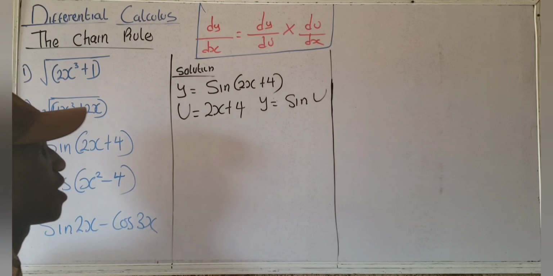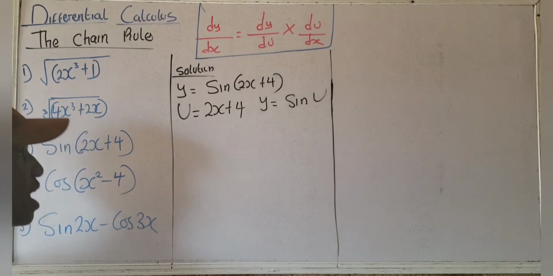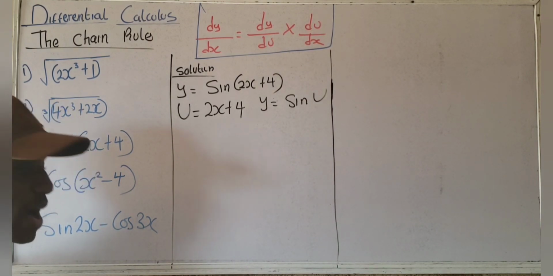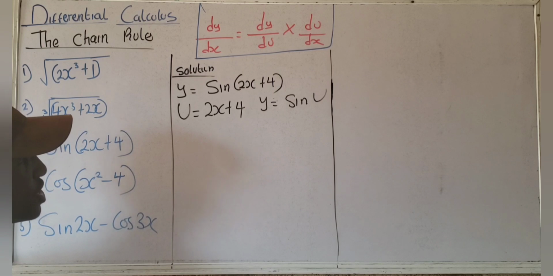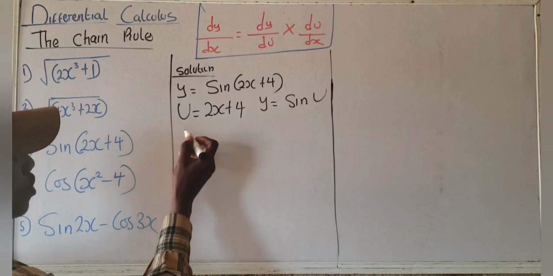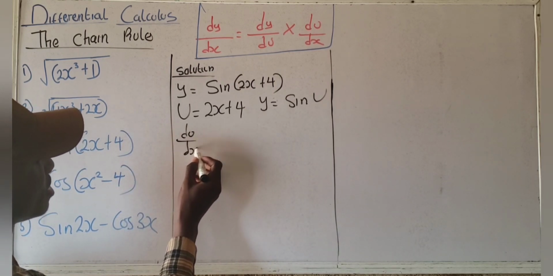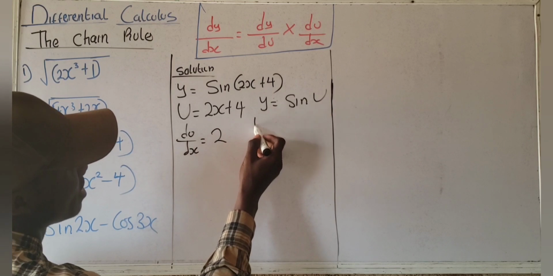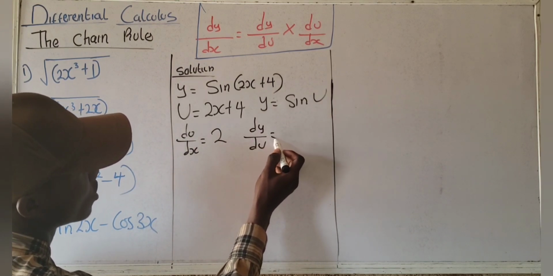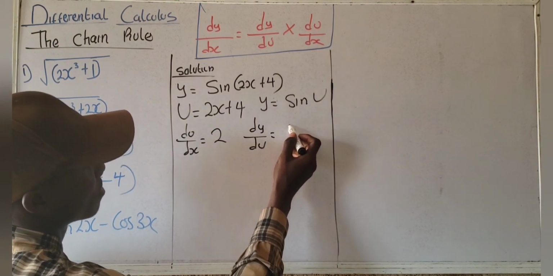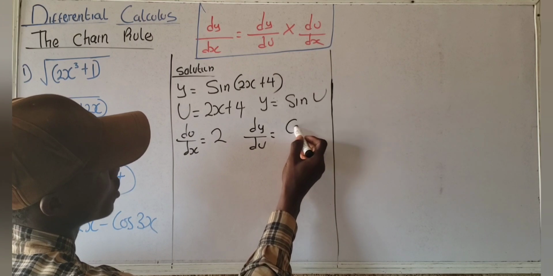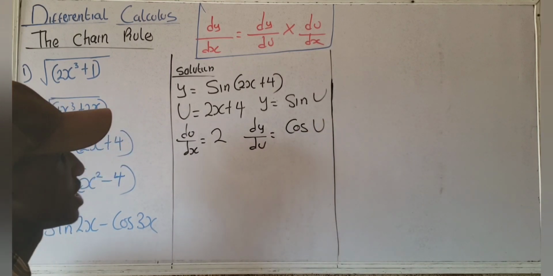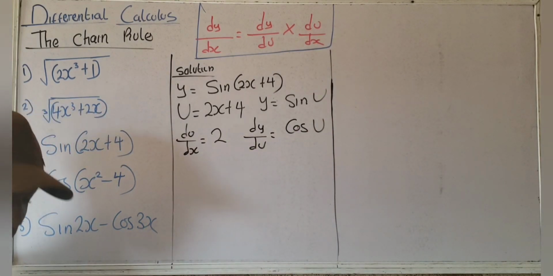Okay? Now, according to the chain rule formula, we need the derivative of y and u. So I'm going to differentiate u. du over dx is equal to 2, and dy over du is equal to cos u. If you differentiate sine u, you're going to get cos u, you understand?